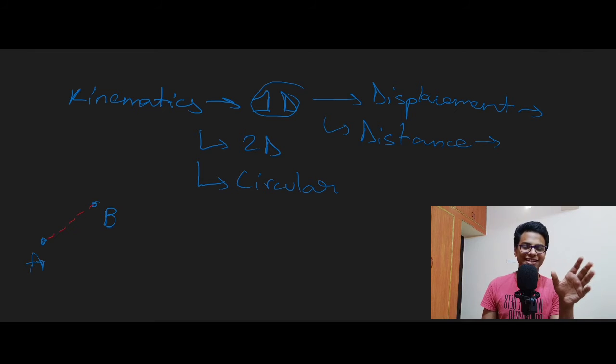Remember this, the shortest path length between any 2 points is going to be the straight line that is joining the 2 points. So this over here becomes your displacement.